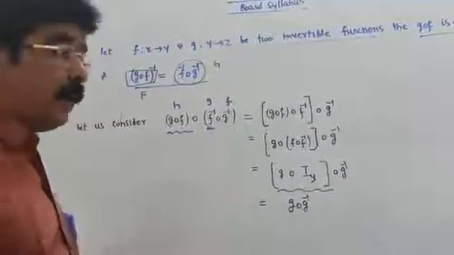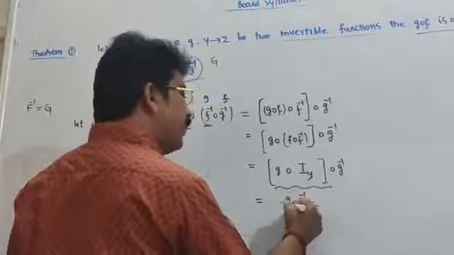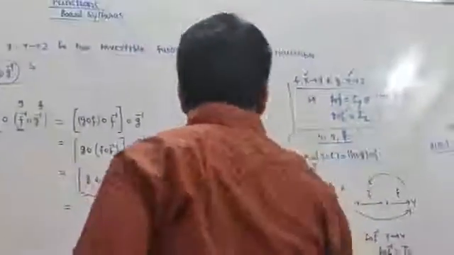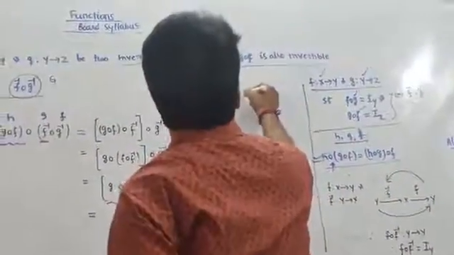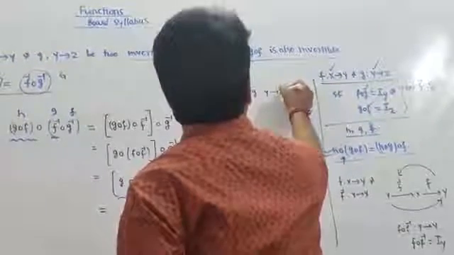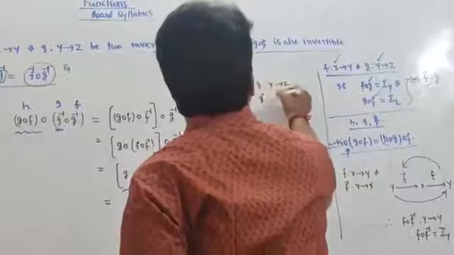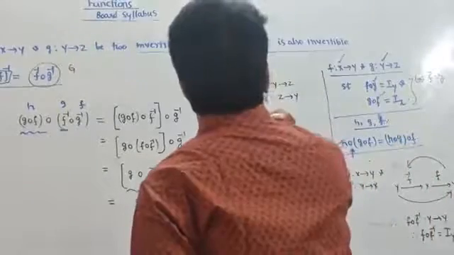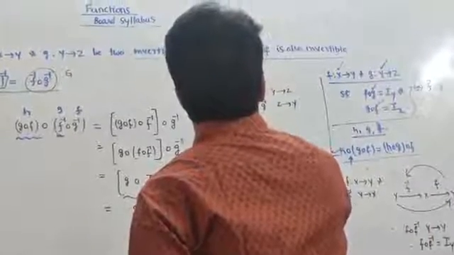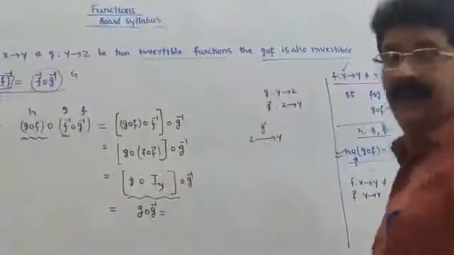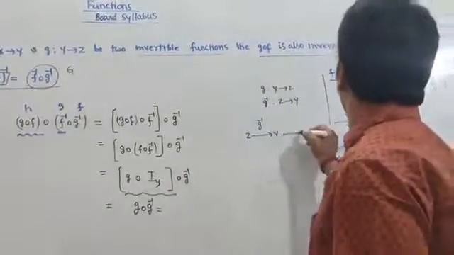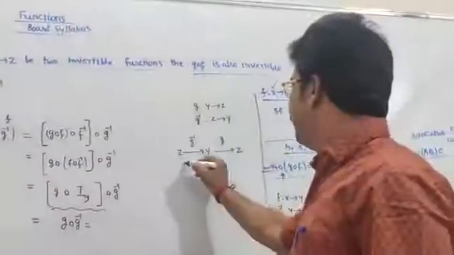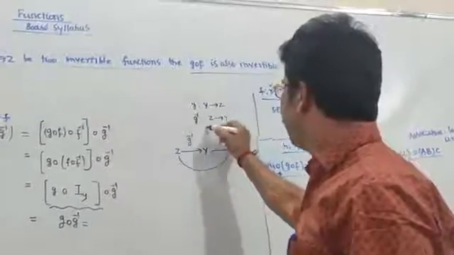Now what is the value of g circle g inverse? Rough work: g is Y to Z, g inverse is Z to Y. Next, composition is in anticlockwise direction.